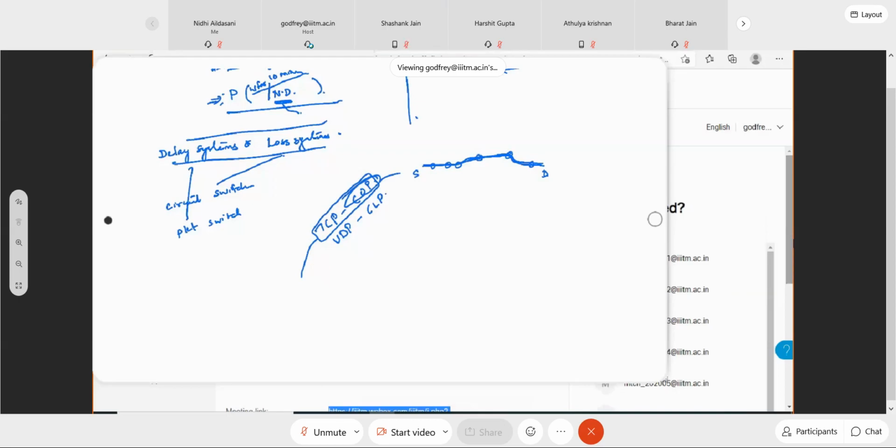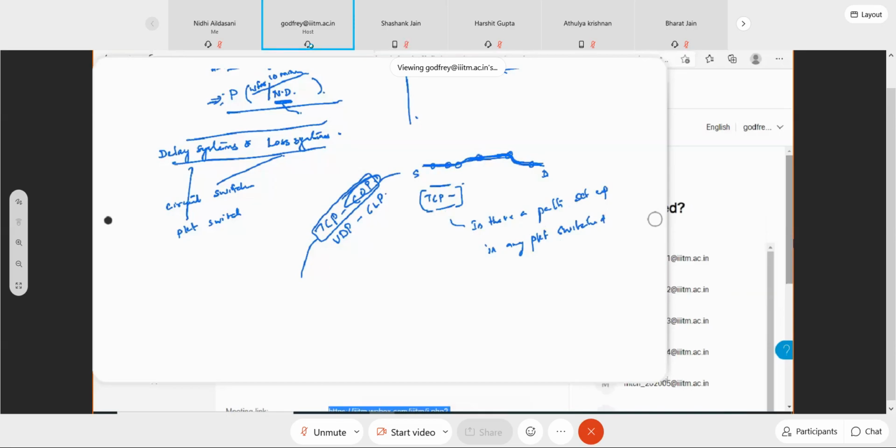So I ask you a question: in TCP, or for that matter in any packet switched network, is there any path that is set up? No, the path is not fixed, but the communication is set up beforehand. So there is no path.